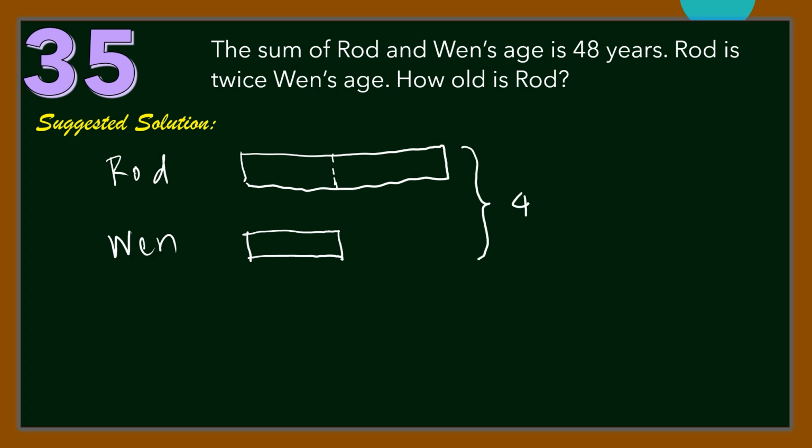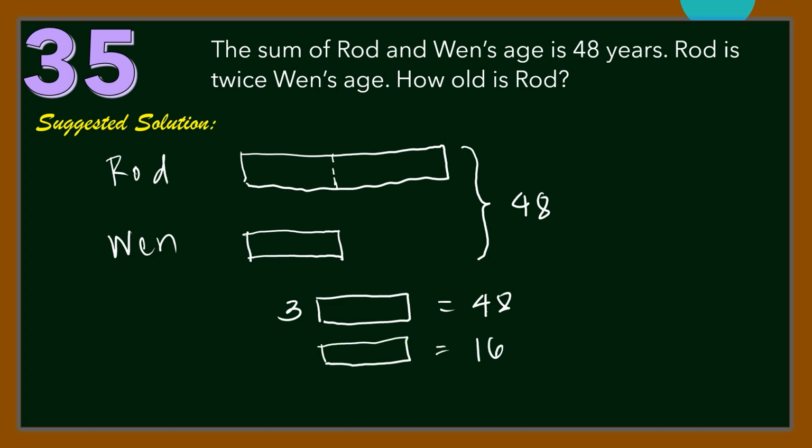So we have 3 of this block representing Wen's age equal to 48. We divide this by 3, then each block representing Wen's age is equal to 16. Therefore, Wen is 16 years old and Rod is 16 times 2, that is 32 years.